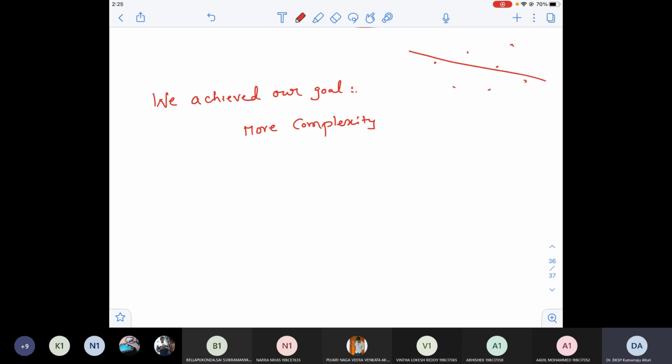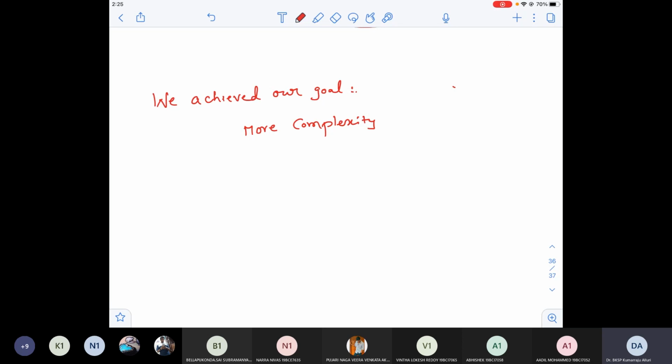But if this is a non-linear model and you are making it a linear model, you completely reduce the complexity, but fitting non-linear points with a linear line doesn't make sense. That leads to underfitting. So we should not completely remove the complexity.